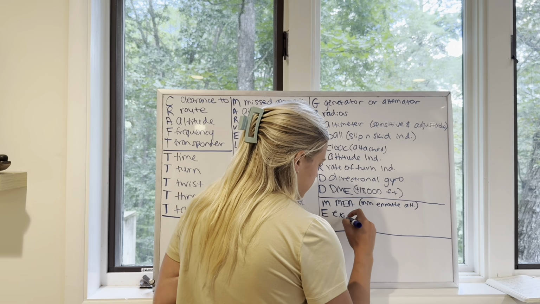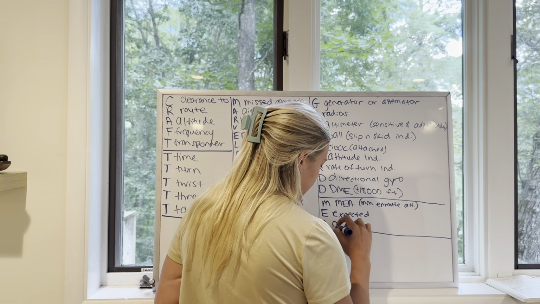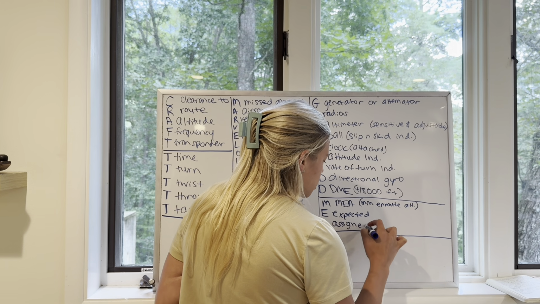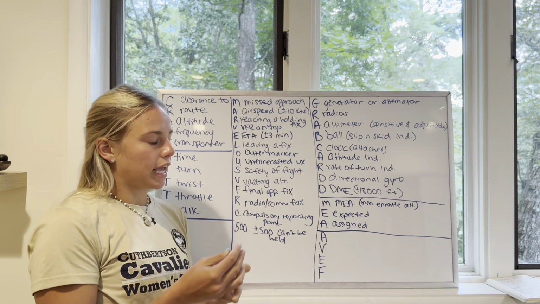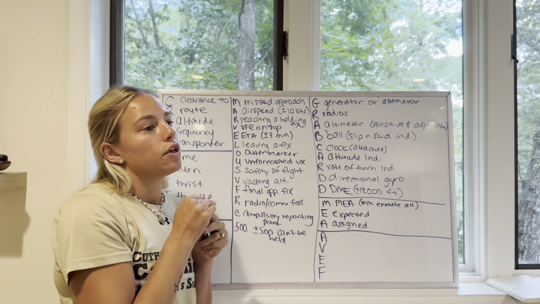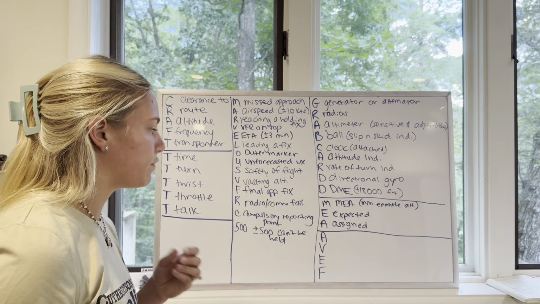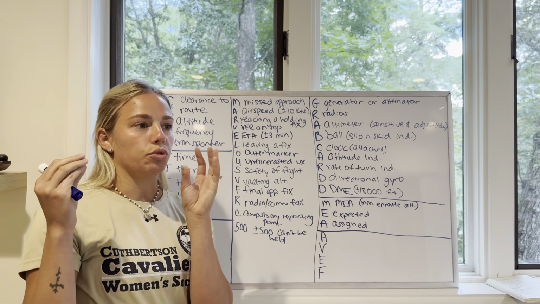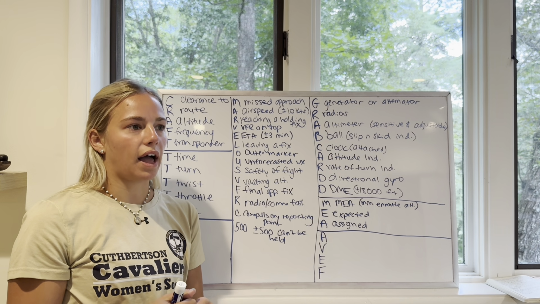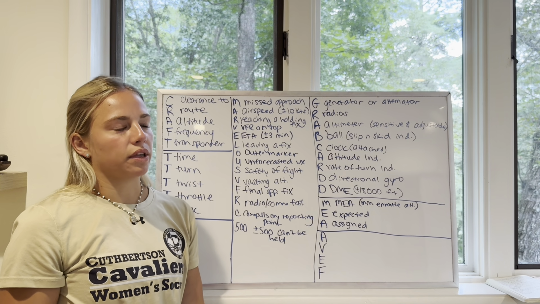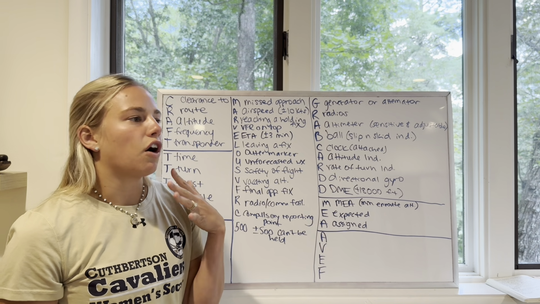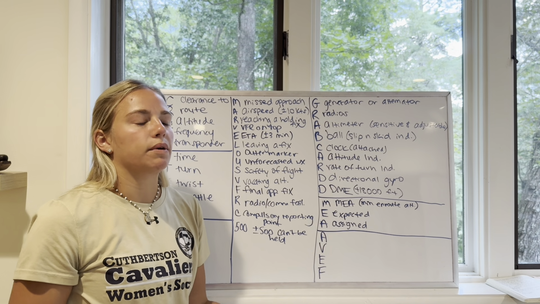Then the E is our expected and A is our assigned. So when we do our craft clearance for the altitude, they'll usually say 3,000, expect 5,000 or something. And 5,000 is usually what you filed for and what you want to fly at, but they may just make you fly 3,000 to start off because you're under a Bravo shelf, and then whenever they can, they'll get you up to 5,000.